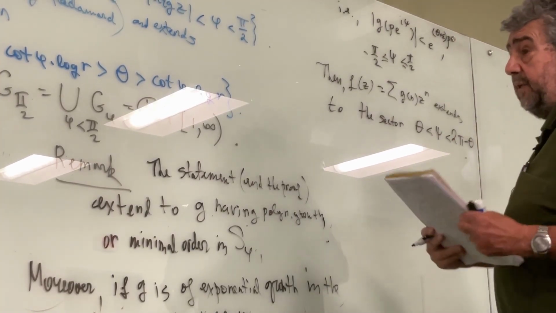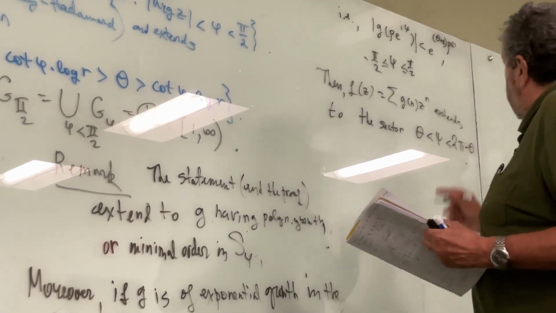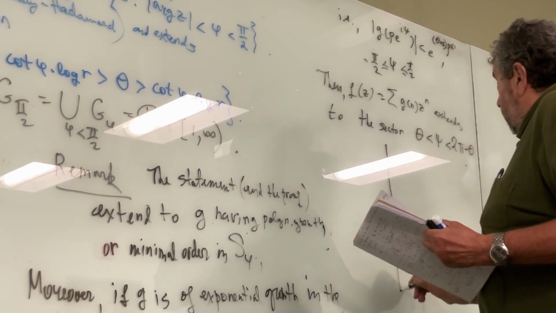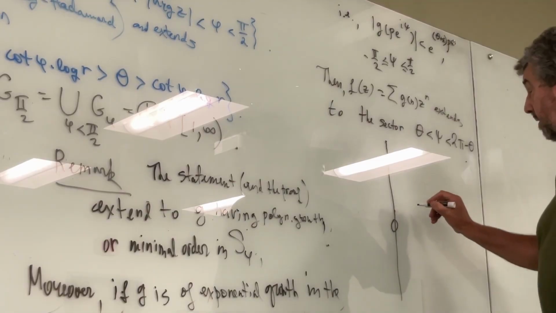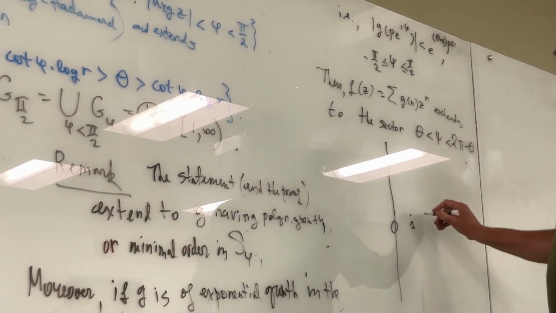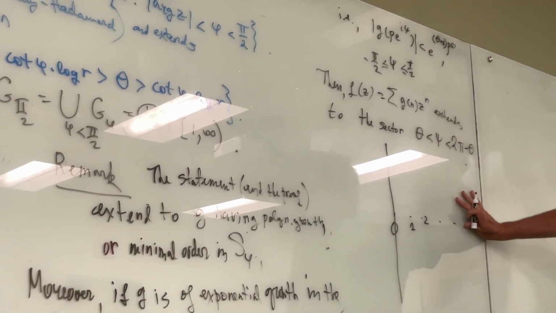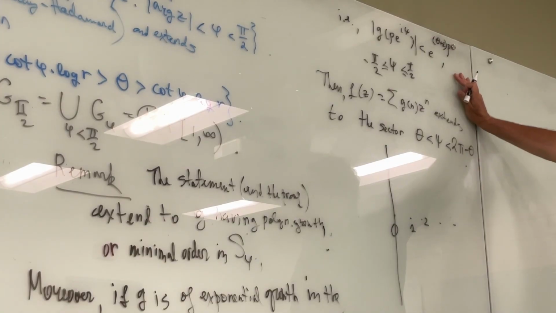All right, so in this case, we have, this is the origin, this is the half plane, where the coefficients are values of the function in the right half plane, which has this growth.